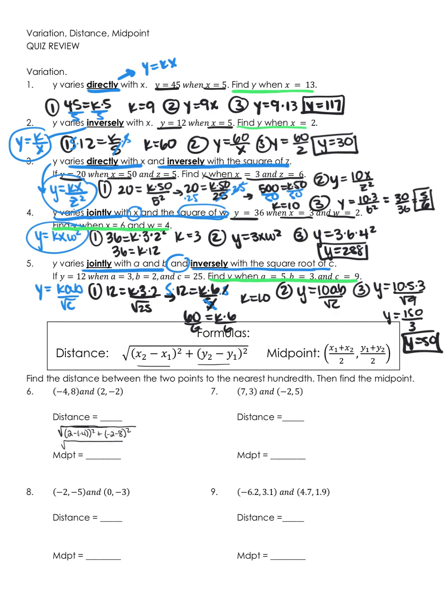So this will become 2 plus 4 squared plus negative 2 minus 8 squared. And so that will be 6 squared plus negative 10 squared. So that'll be 36 plus 100. So this is the square root of 136.